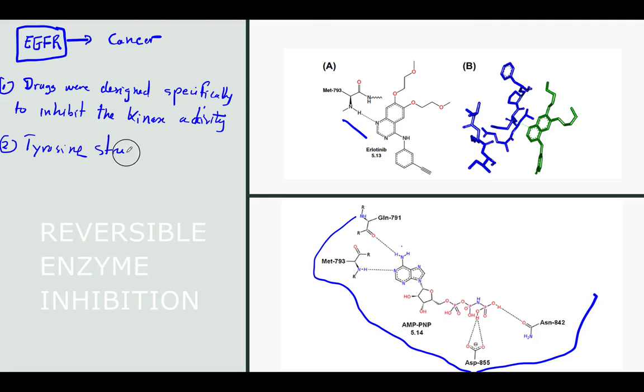Tyrosine structure was mimicked, and we end up with an actual inhibitor. It works, it inhibits the EGFR, but it actually competes with ATP for binding.